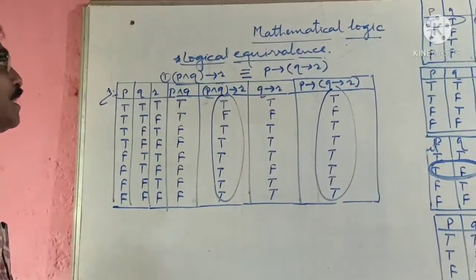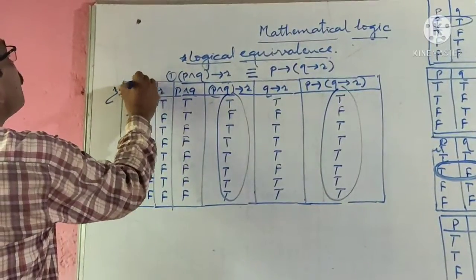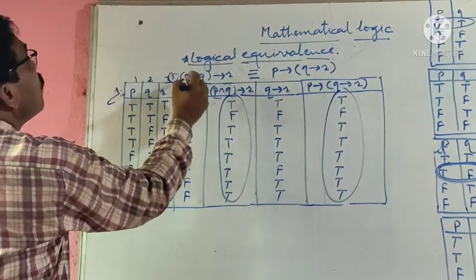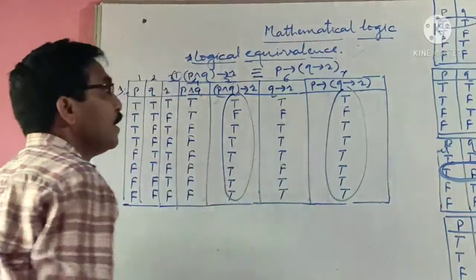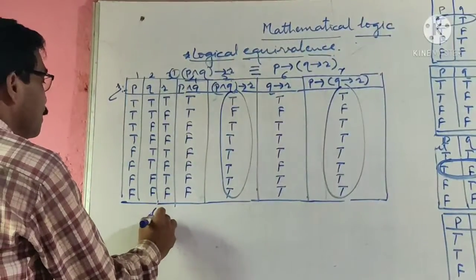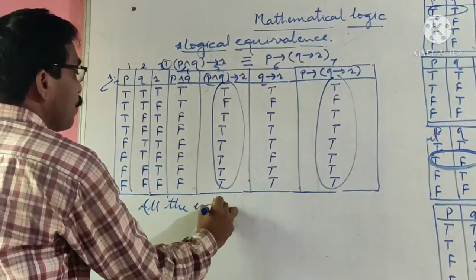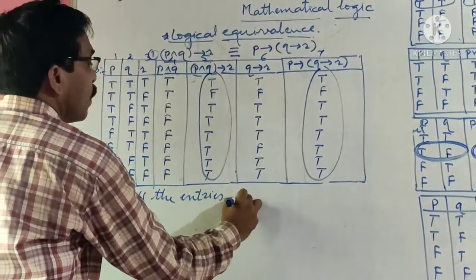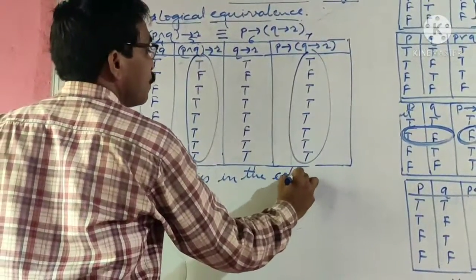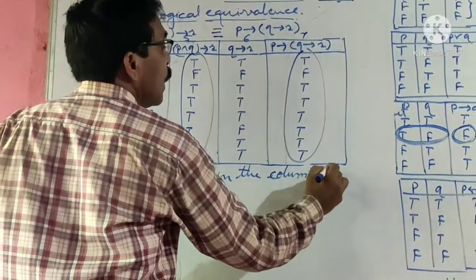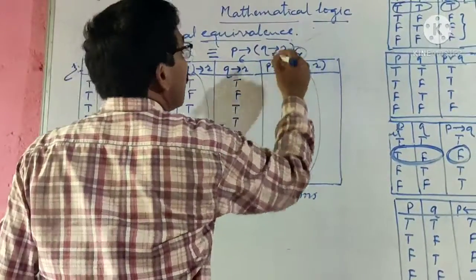Now, how do we write this? These are the columns: first, second, third, fourth, fifth, sixth, seventh. And we write all the entries in the columns, which columns?